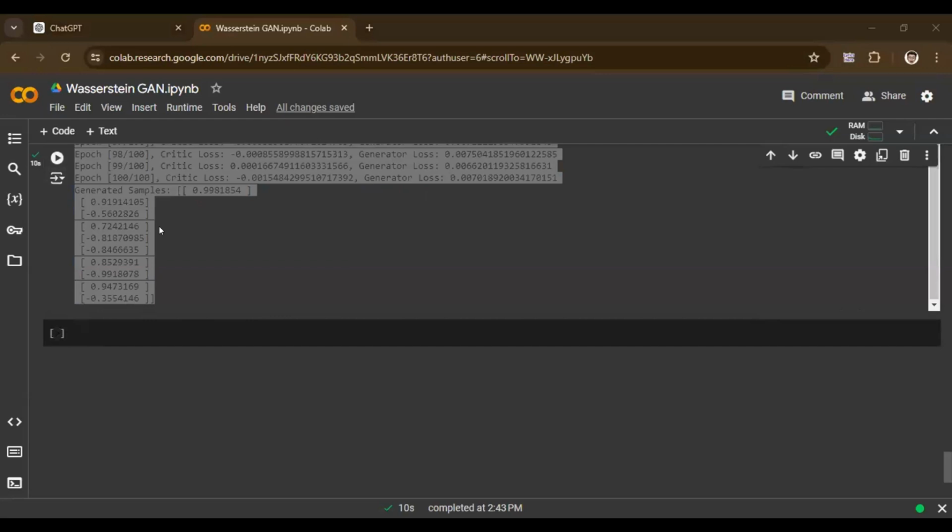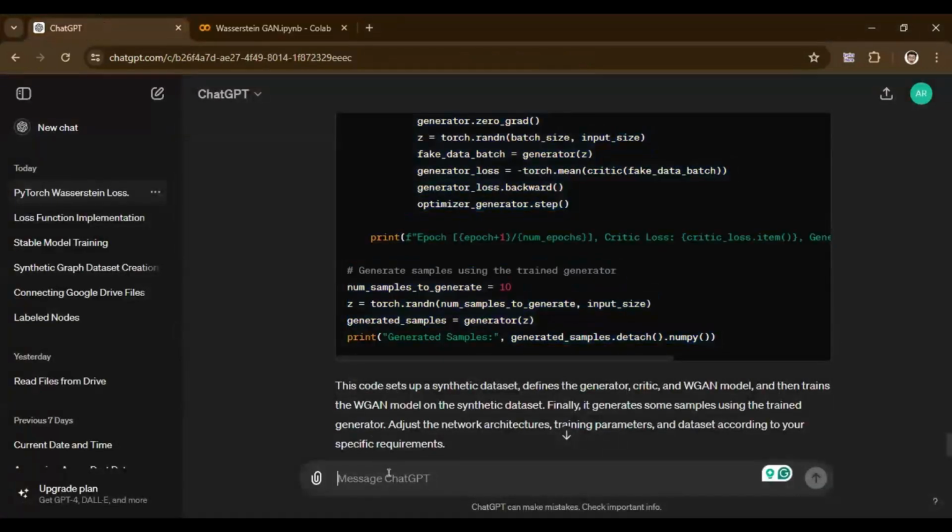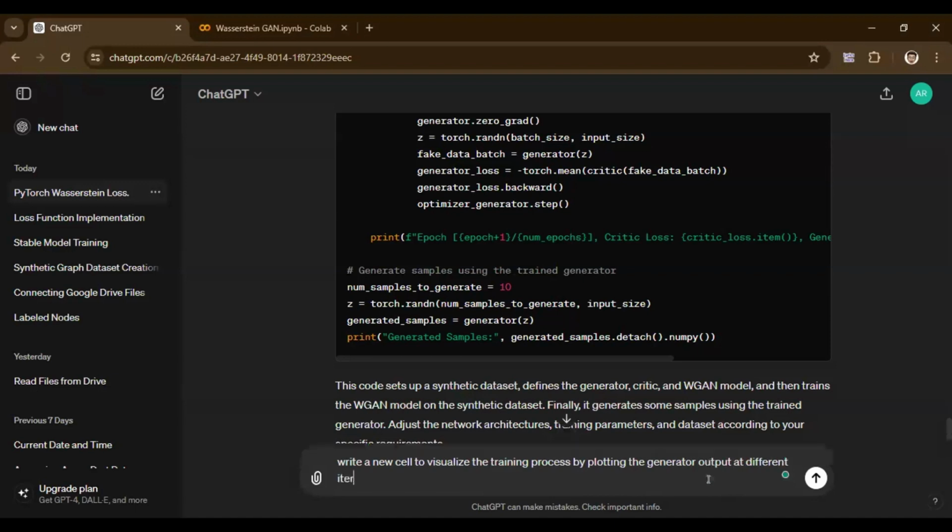After that, we can try to visualize the training progress. Let's see, write the result to visualize the training process by plotting the generator output at different iterations.